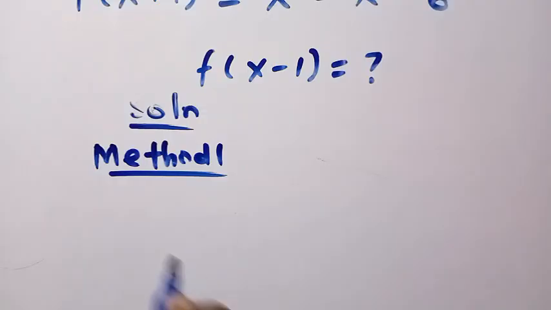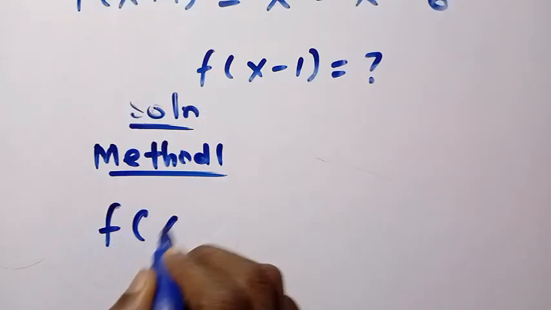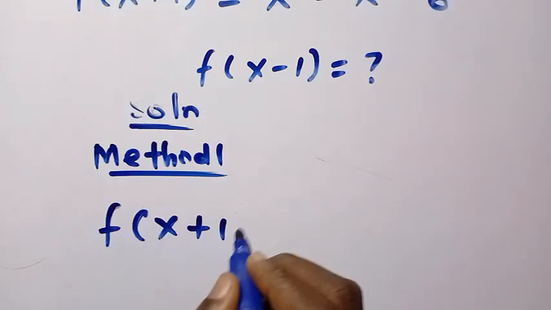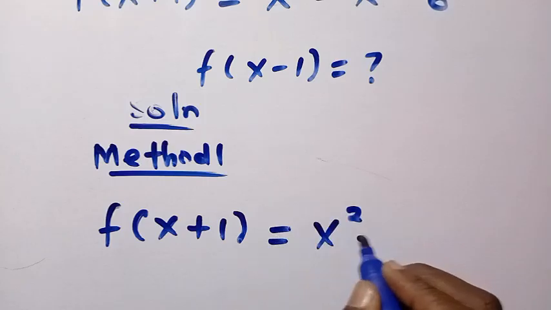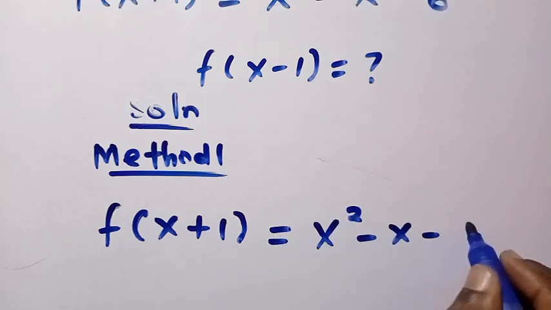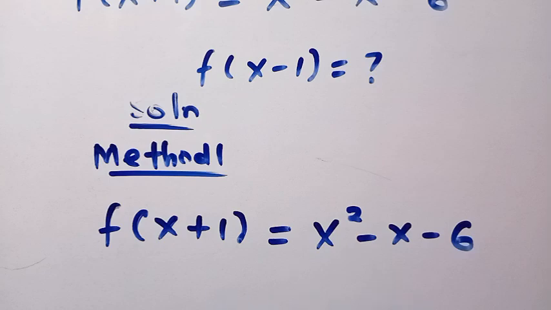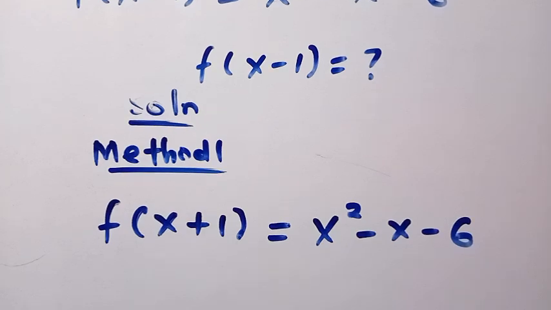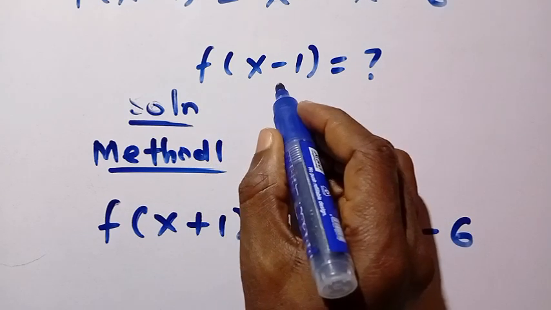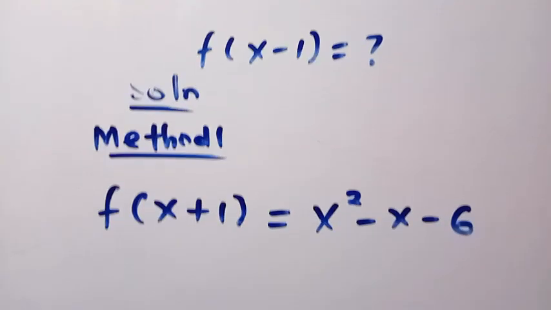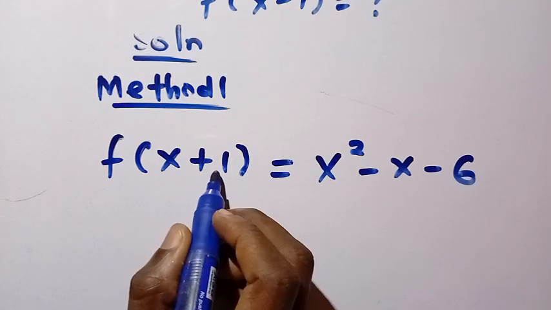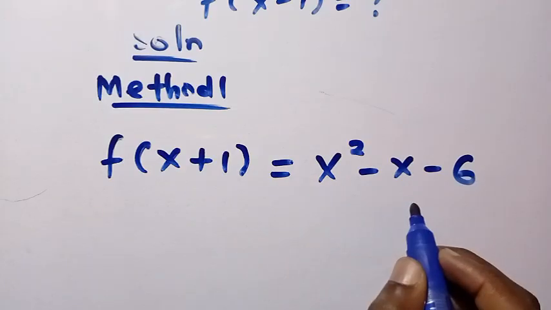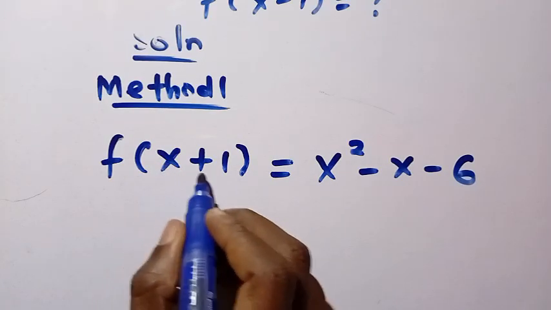From the given function, f of x plus 1 equals x squared minus x minus 6. This is the given question, and from here we want to find f of x minus 1. The domain is given as x plus 1 for this quadratic function, so we need x minus 1 here.